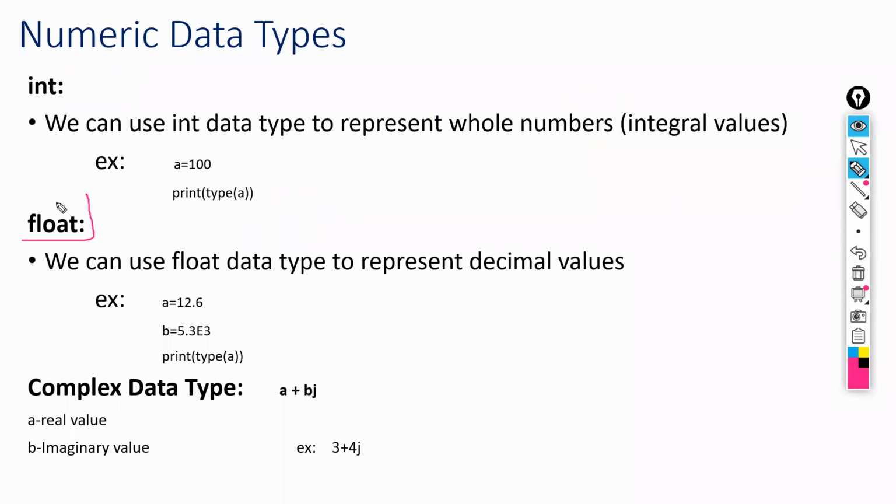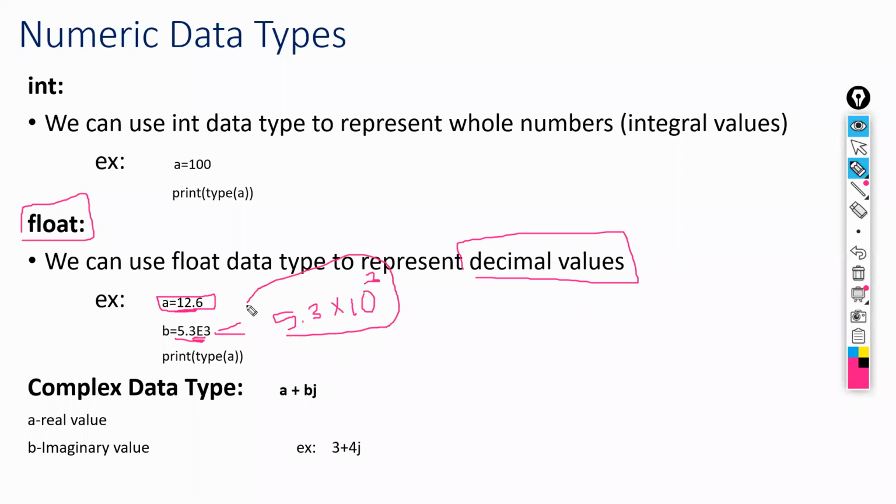And float represents decimal values, like a equal to 12.6. If I am using e in a float value, e stands for exponent. Still it is a float value only.